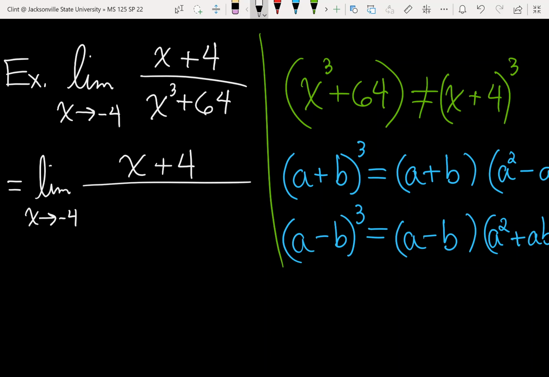Using our pattern on the bottom, we're going to have x plus 4 times x squared minus 4x, that's minus AB, plus B squared, so plus 4 squared, plus 16. Using our pattern where A is x and B is 4.